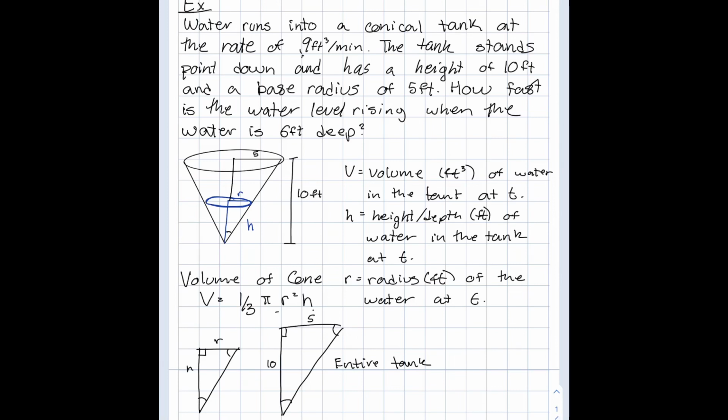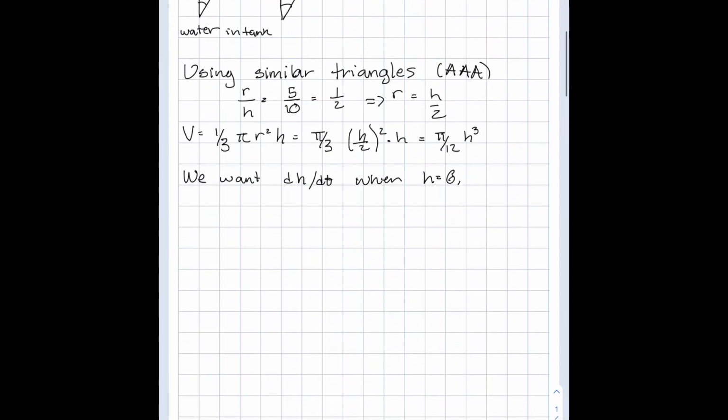This is the rate that my volume of water is changing, right? So h is going to equal 6, and dV/dt equals 9 feet cubed per minute.